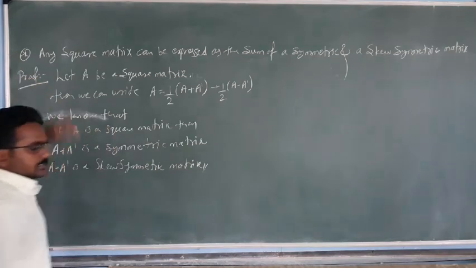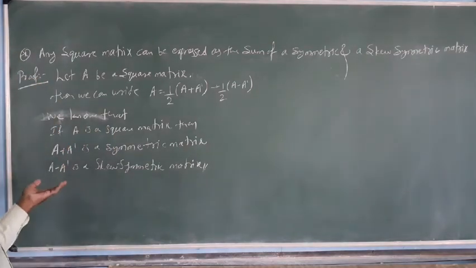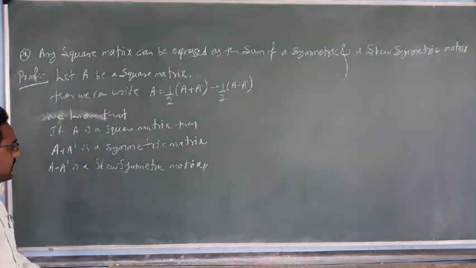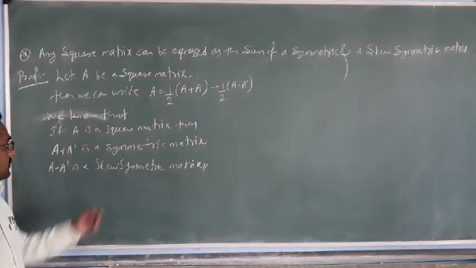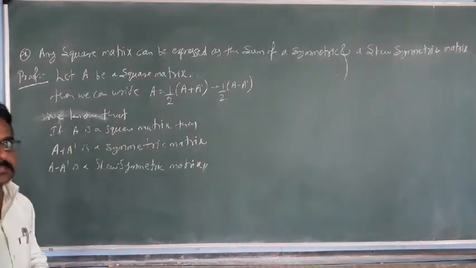Already we know this result. In the previous proof I proved this: A plus A dash is symmetric and A minus A dash is skew symmetric for any given square matrix.